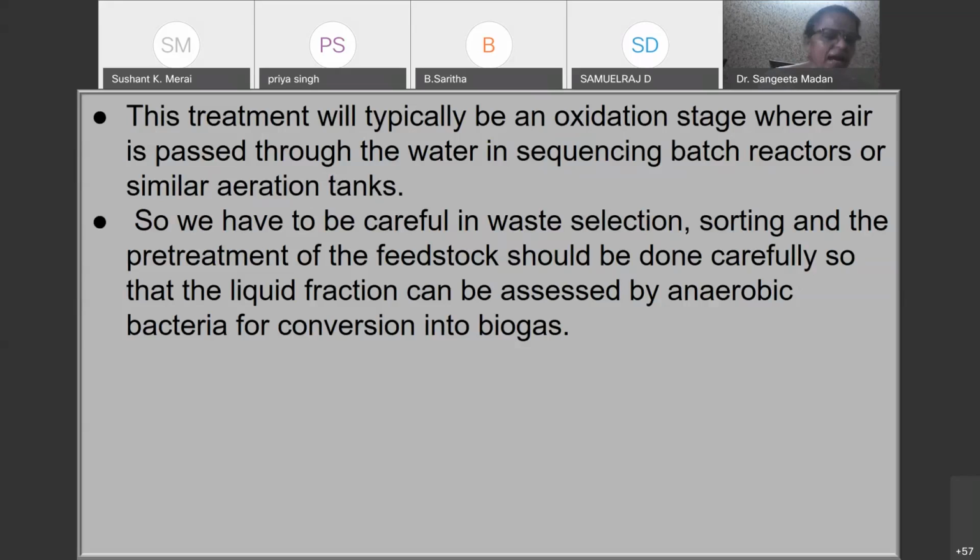At the same time, there are certain disadvantages also. This biogas may not fulfill the total energy requirements. It cannot replace all types of energy. It cannot be easily stored. That is the low energy density per volume.